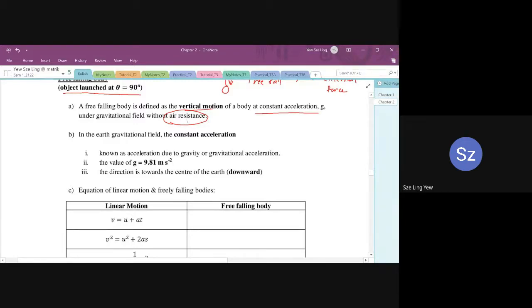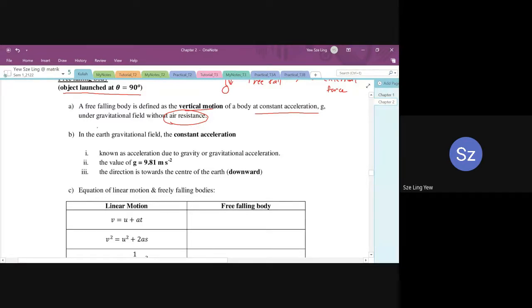But now we are still learning the basics of motion. Therefore, we assume there's no air resistance.